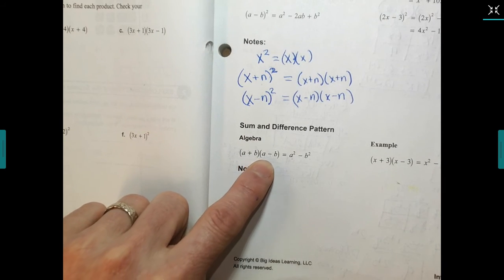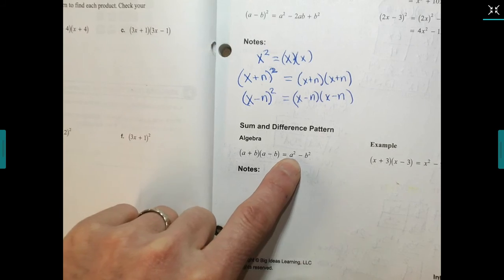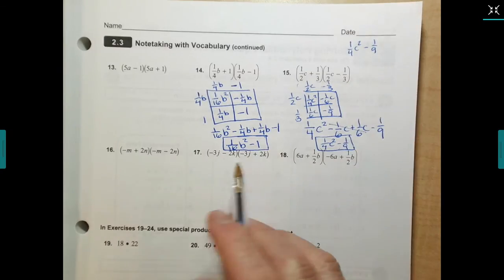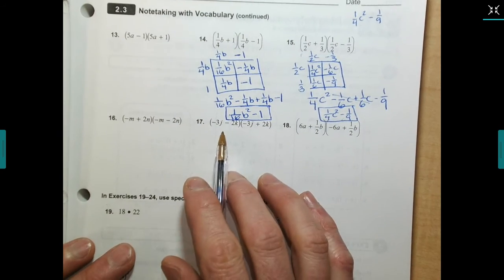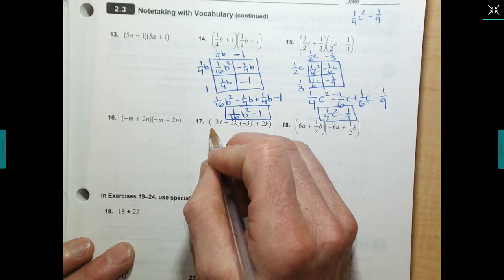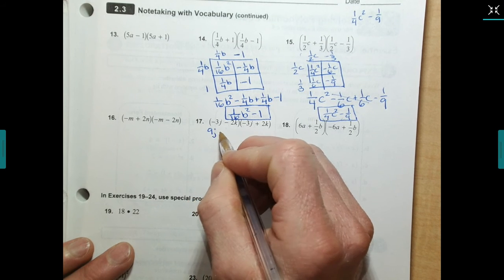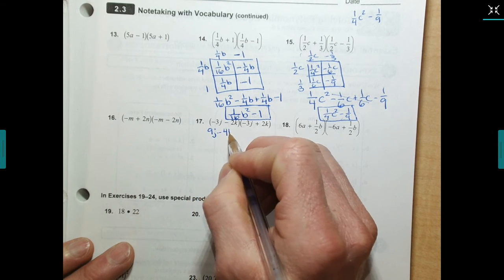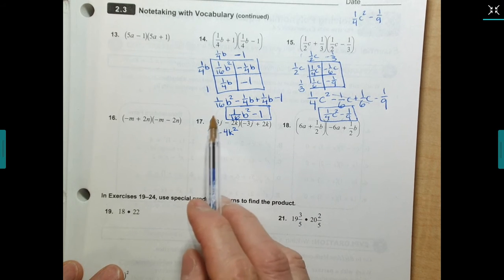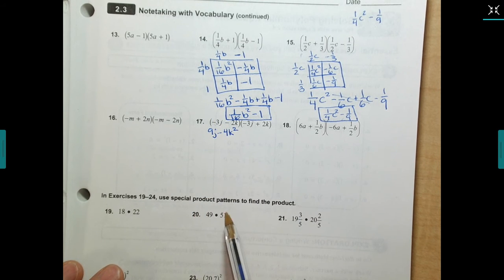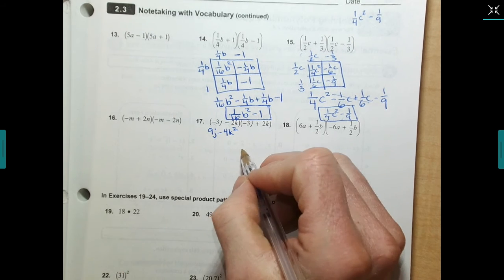A plus b times a minus b equals a squared minus b squared. So for this one, number 17, my answer is going to end up being 9j squared minus 4k squared. A squared minus b squared. Let's check it.